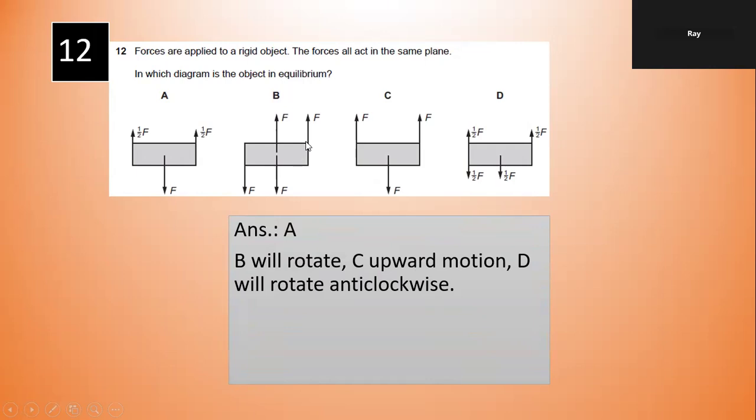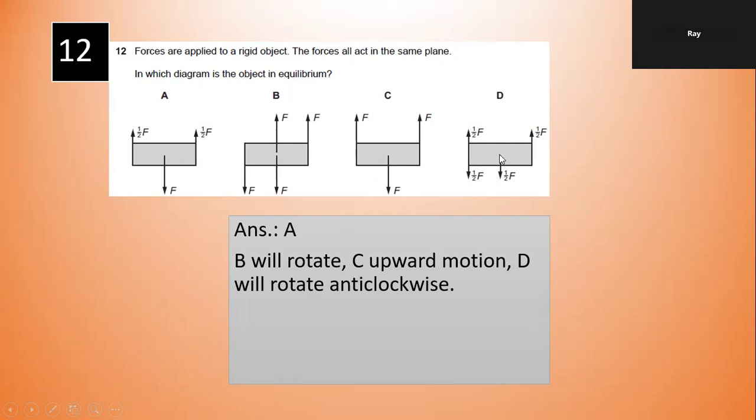B, vertical equilibrium got, but you will rotate anti-clockwise. C, right? It will move upwards. It will accelerate upwards because this 2 is greater than that one there. D, downward forces is F, upward forces is F, so vertical equilibrium, but will we rotate?